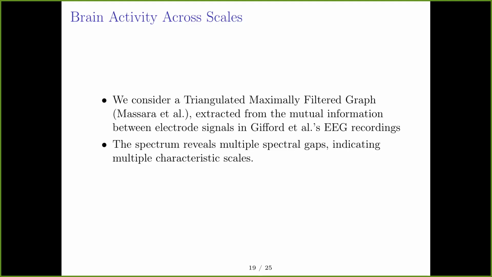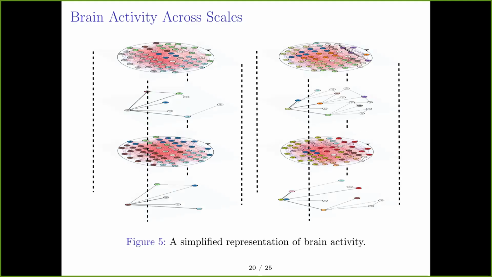The moment we have the graph, we compute the Laplacian and the spectrum. What we see is a lot of significant gaps in the Laplacian spectrum, which indicate interesting characteristic scales. And we look at the first two significant scales.